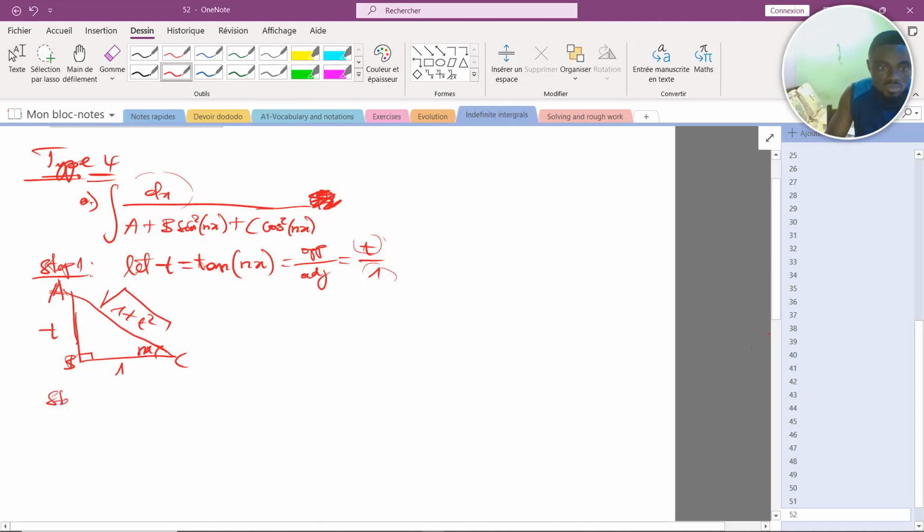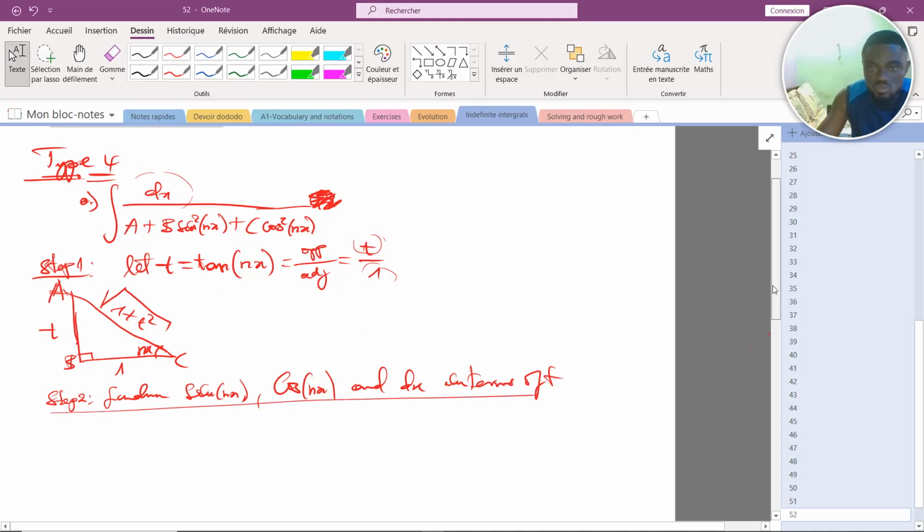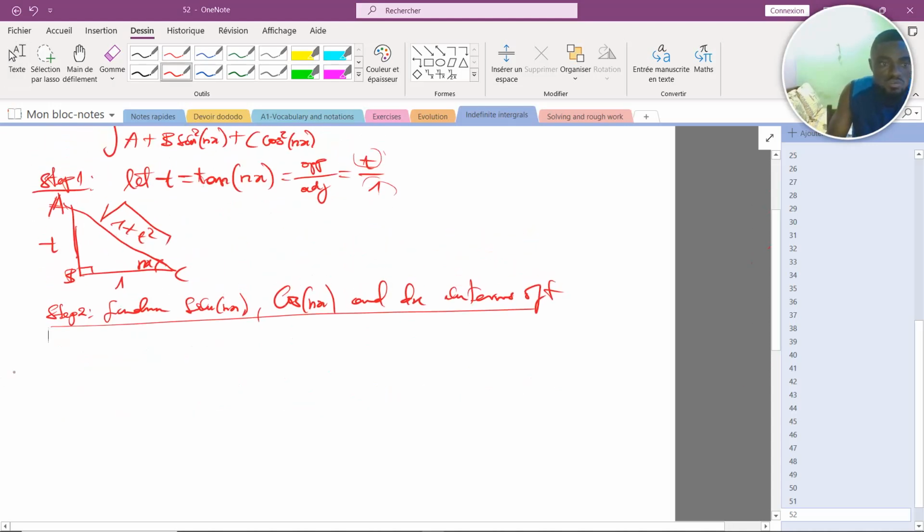So step two, finding sine nx, cos nx, and dx in terms of t, because we related our t to be tan nx. Okay, very good. That's step 2.